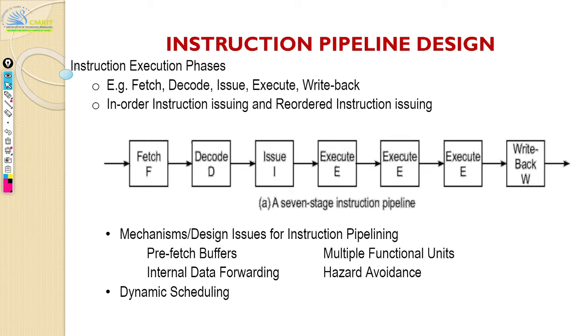We saw the dynamic pipeline earlier, but now we will see what is dynamic scheduling. And then you have branch handling techniques. So how do you handle branches? Branches are a very important part of your program, and they cause a lot of problems, so we have to deal with them in a special way. So this is a brief overview of what the instruction pipeline is going to look like, what we are going to deal with.